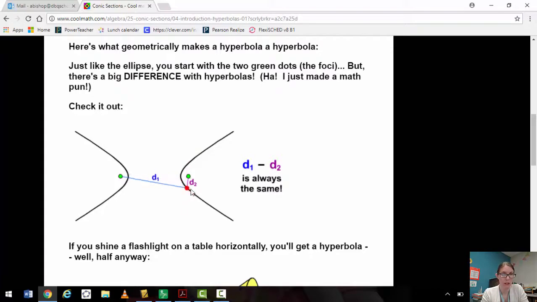So right here, d1 minus d2 is the same as all the way down here on your hyperbola. The differences in those distances is the same. And same thing if you looked at a point over here on the hyperbola, your long distance to your focus minus the short distance would be the same as any point over here also.